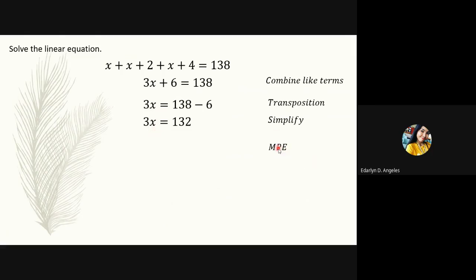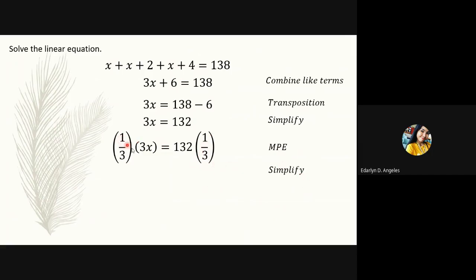So we need to again use the multiplicative property of equality, or multiply the reciprocal of our numerical coefficient on both sides of the equation. So that would be 1/3 times 3x, and then multiply 1/3 on the other side. And then just simplify it.